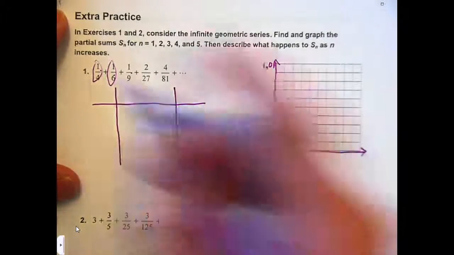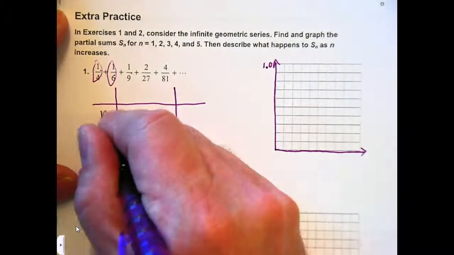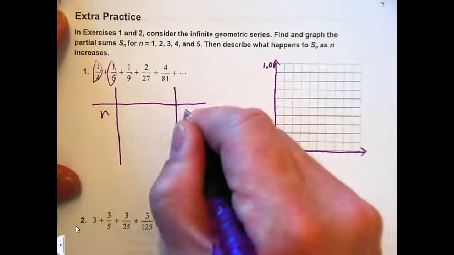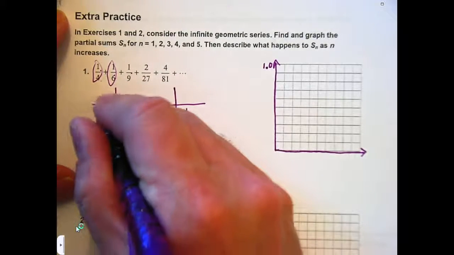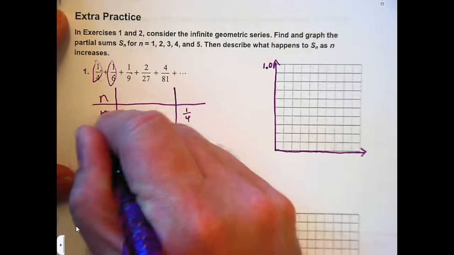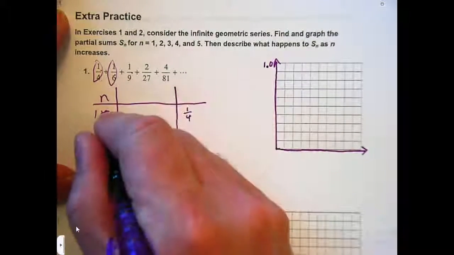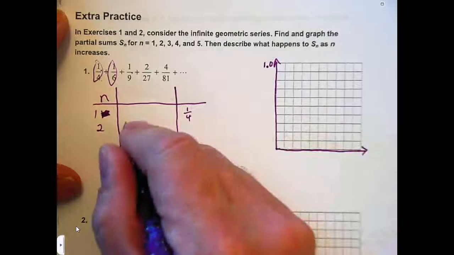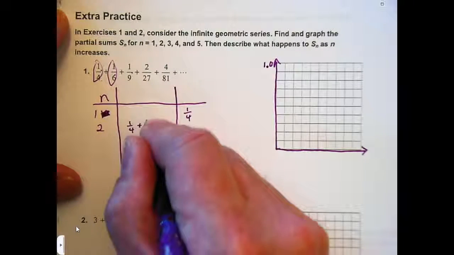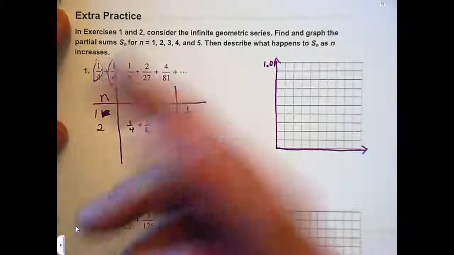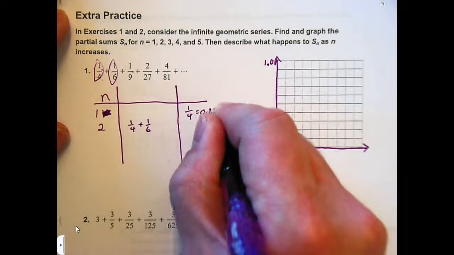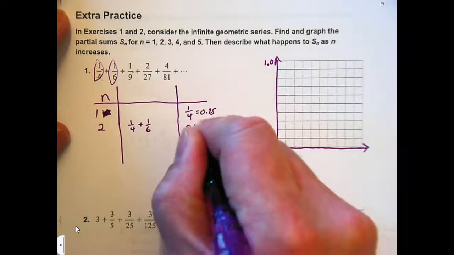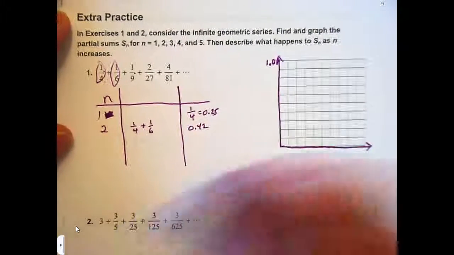Okay, so with just one term, when I add them together, I get 1/4 because there's only one term, my first term. Oops, n's supposed to be there. When I add the first two terms together, it would be 1/4 and 1/6. If we're changing these to decimals, it might be a little easier. This would be 0.42-ish.